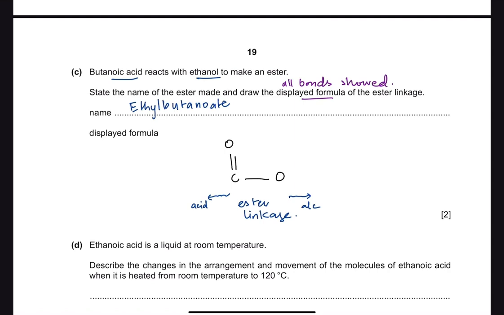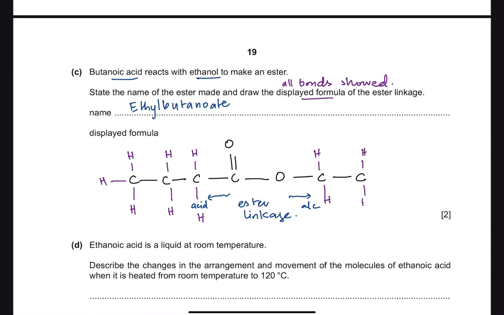So within the left side, draw 3 more carbon atoms because one is already drawn. So the left side has 4 carbons in total and the right side should have 2 more carbon atoms because of the ethanol. Draw the hydrogen atoms like this. And now your ethyl butanoate ester is complete.